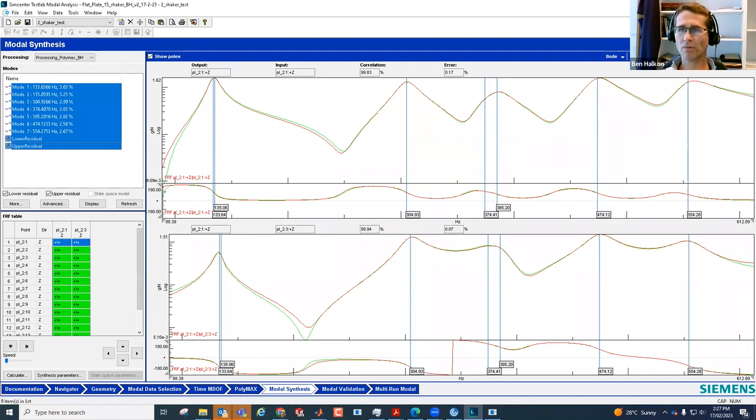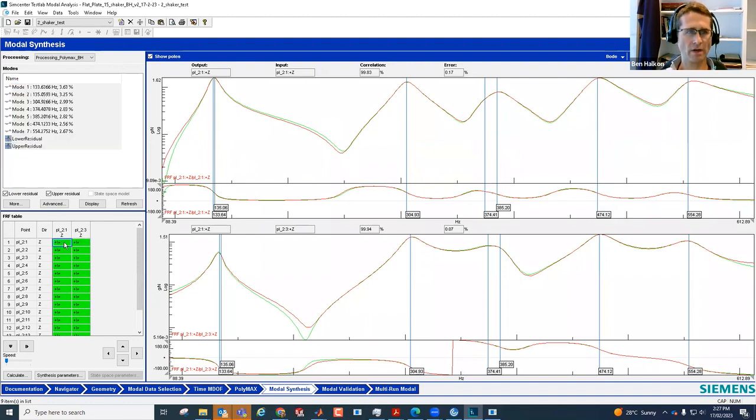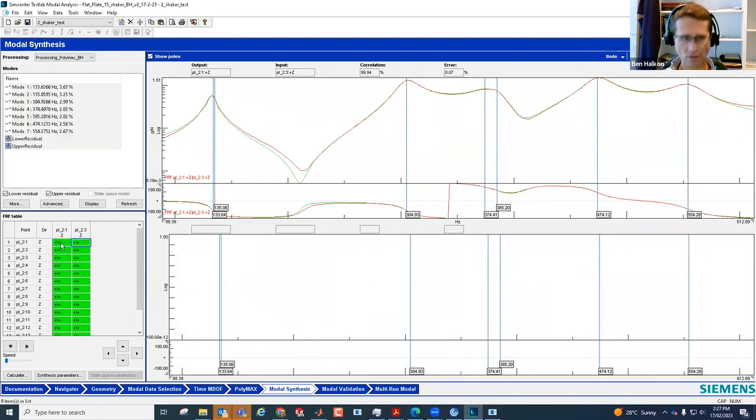And similarly, above this upper band, we will always have more modes that have been ignored. And so the lower and upper residuals represent the contributions from modes outside of our band. And we can scroll through the various FRFs here to compare and contrast.